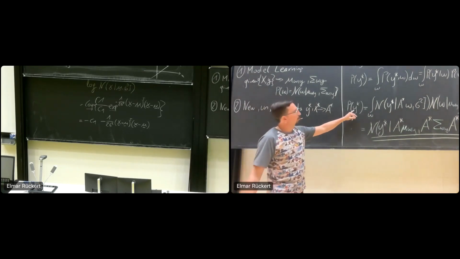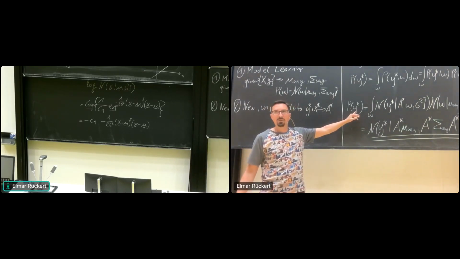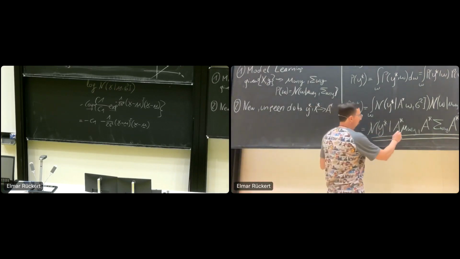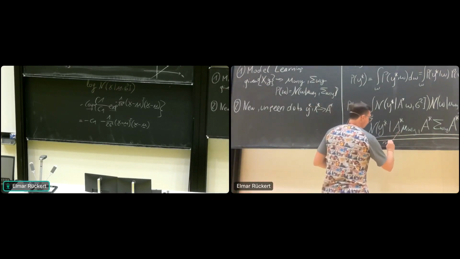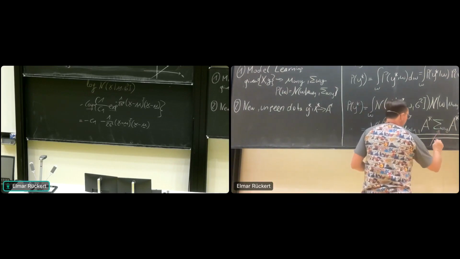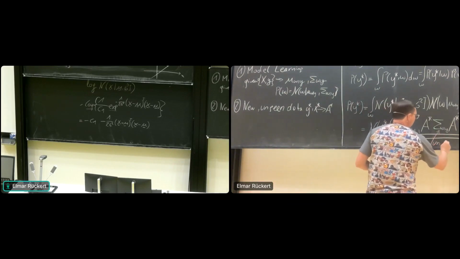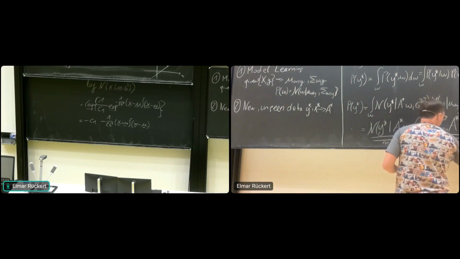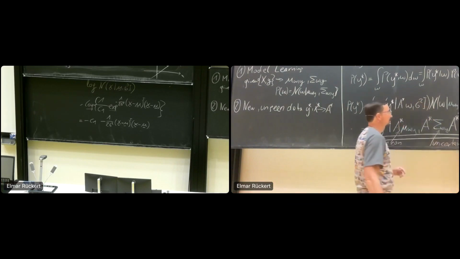So for a new unseen data point, we generate a mean. This is the mean prediction. And some uncertainty estimate. As promised in the beginning, remember, we said we would like to have not only a single prediction, but also the standard deviation.